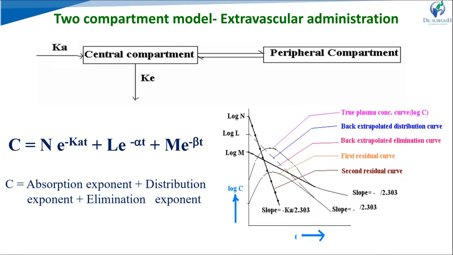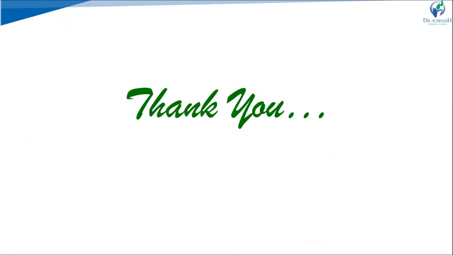Then for the distribution curve, we find the first residual line and from that the distribution rate constant, and from the second residual line we find the Ka value, the absorption rate constant. So this is the two compartment model. Thank you.